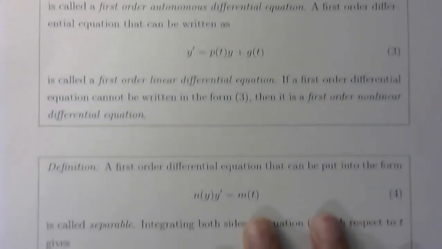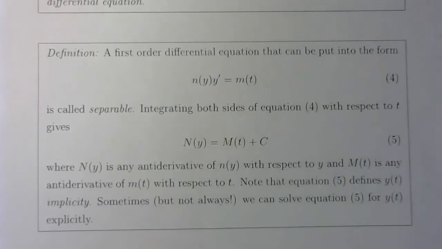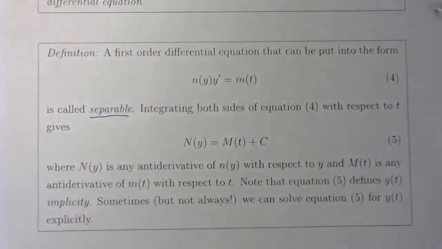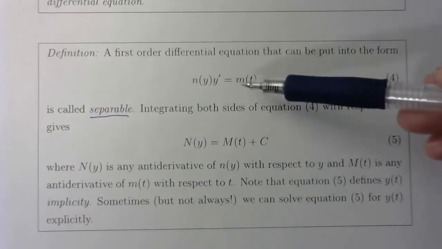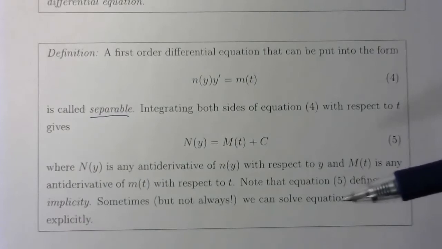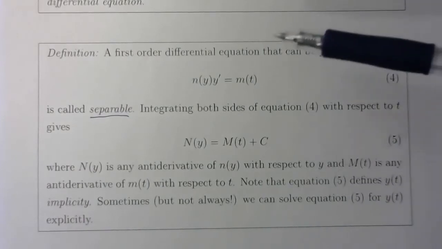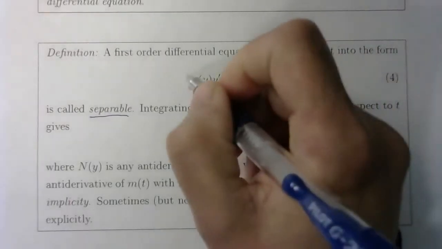You may remember from your differential equations class that solving nonlinear differential equations was in general really difficult. But there was one form of those differential equations that was easier to solve, and those were called separable. Separable equations are when you could separate out the function of t and the function of y, and then you could write the differential equation in this form and integrate both sides, right?